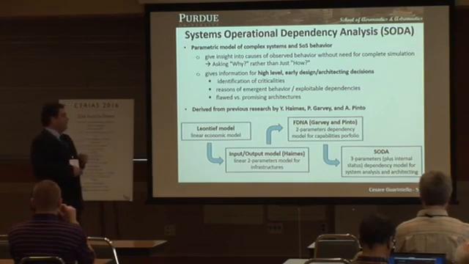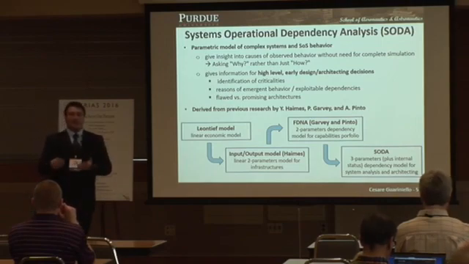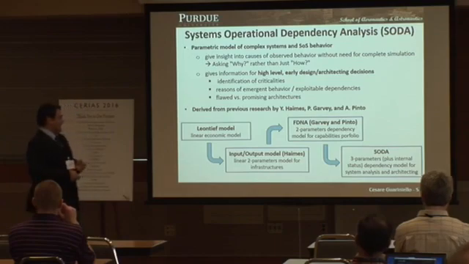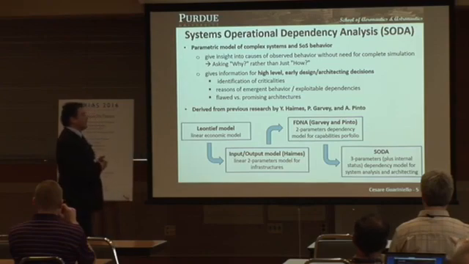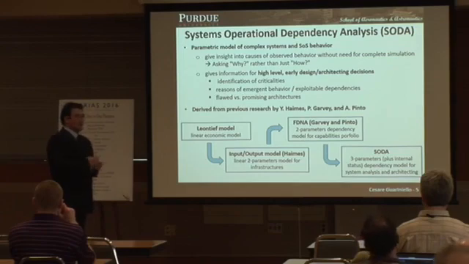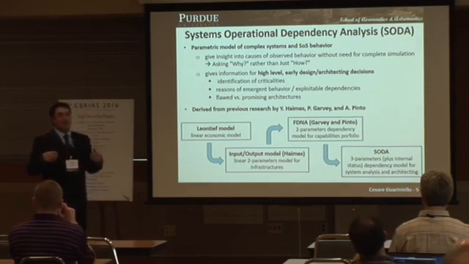Then this simple linear model could not model some complex operational dependencies accurately enough. So other people, Hames, and then Garvin, Pinto, and Miter, developed more complex models based on 2 parameters. In particular, Garvin and Pinto developed a functional dependency network analysis tool that measured and quantified the dependencies between the capabilities that we wanted to achieve.